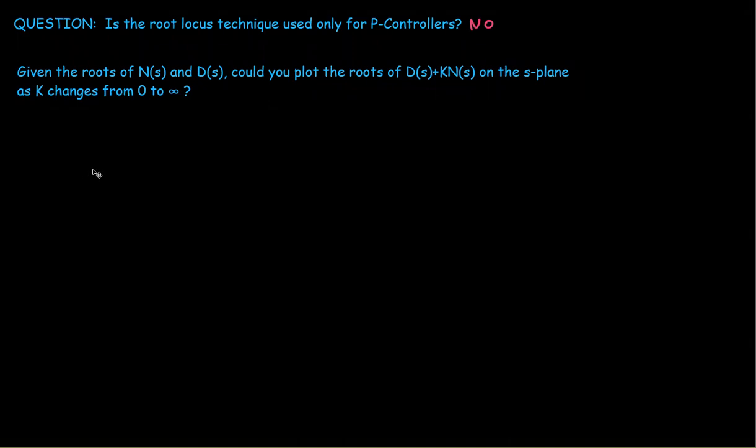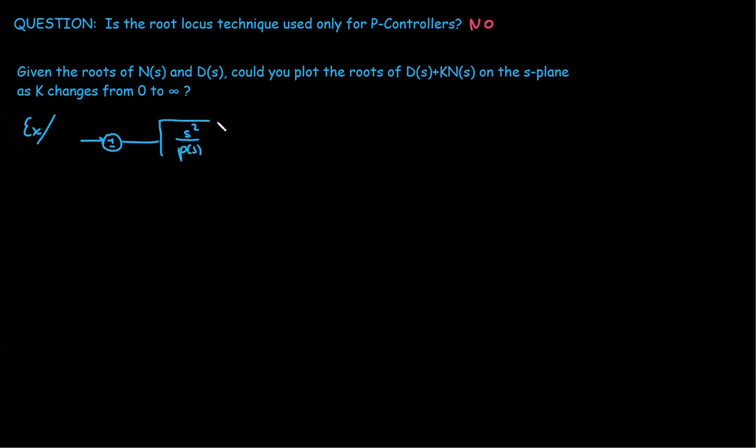Let me start with an example. Suppose I have the following feedback loop. Here I have, let's say, s squared over p of s, and on the feedback path, I have, let's say, k times q of s plus 2.